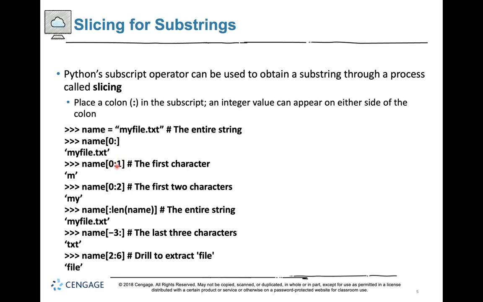So from 0 to 1, it's only the first character. If it's 0 to 2, then the first 2 characters. If you omit the first argument to this slicing expression, that would be 0 by default. So this is giving you the entire string, equivalent to the first one we saw. The first one we omitted the stop index, here we omitted the start index.